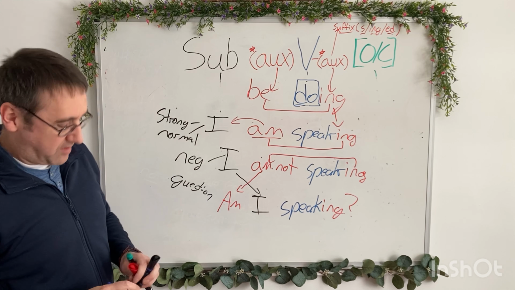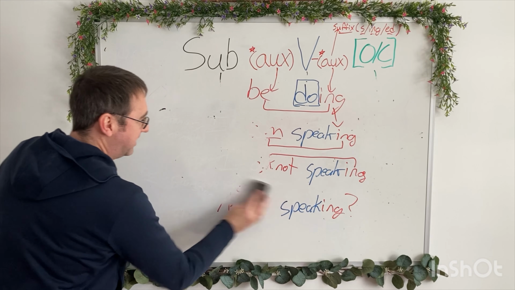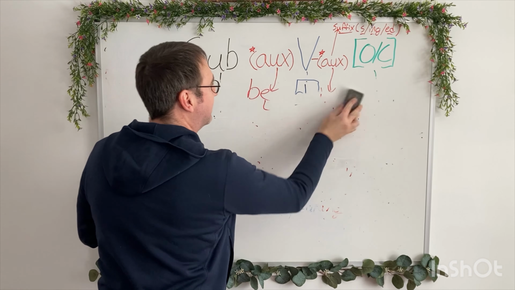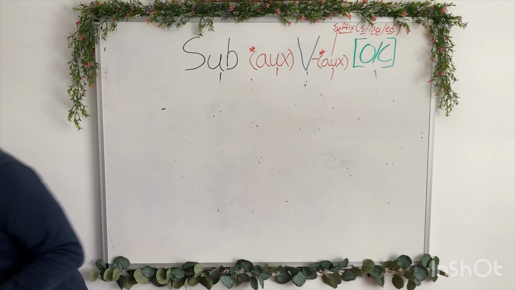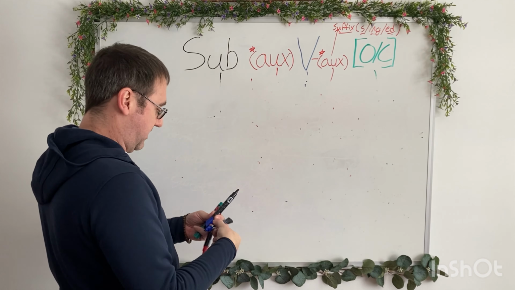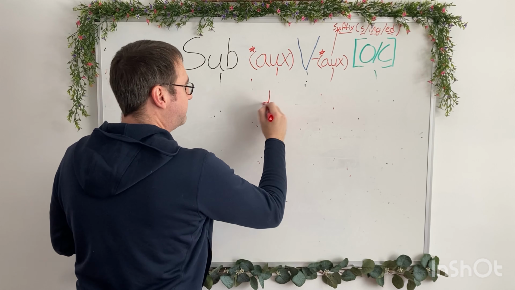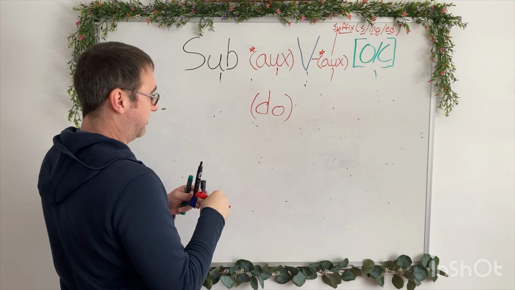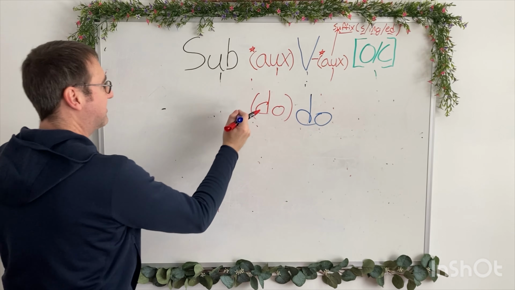So I think I'm going to stop there, because that's a lot for one day. I'm just going to quickly write up here the auxiliaries that we learned today. We learned, and I'm going to put do in brackets, the simple present.